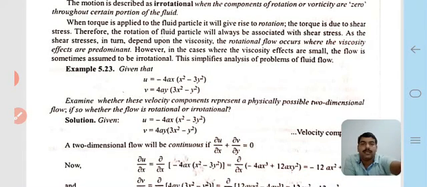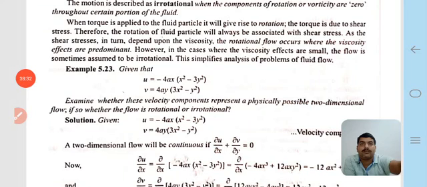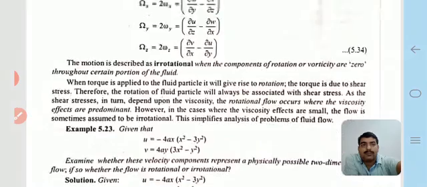This is the completion of vorticity and circulation, both terminologies.